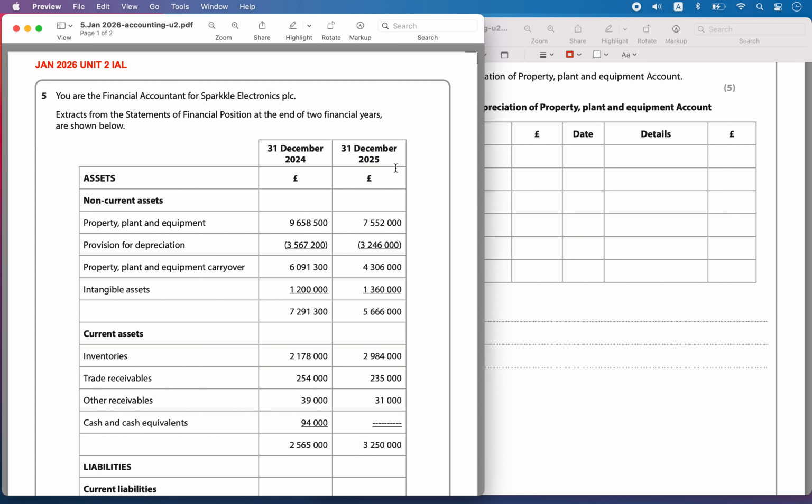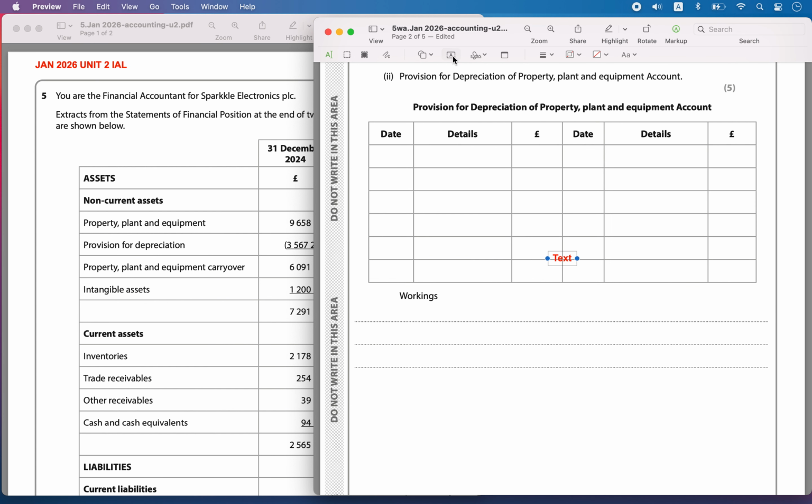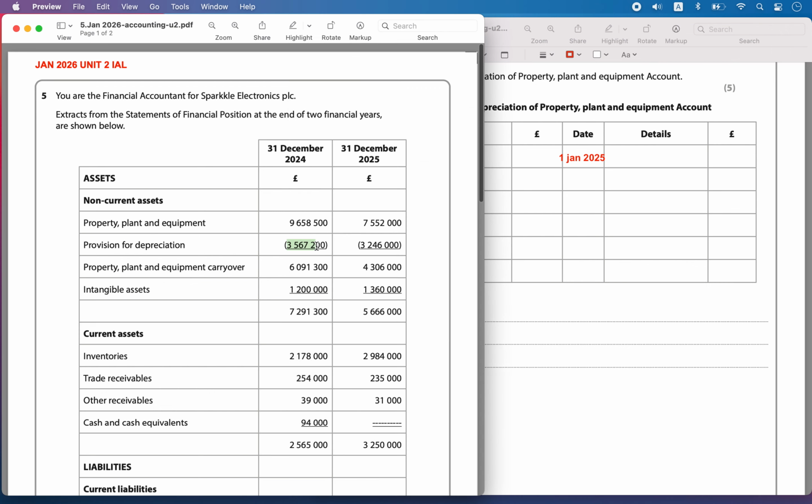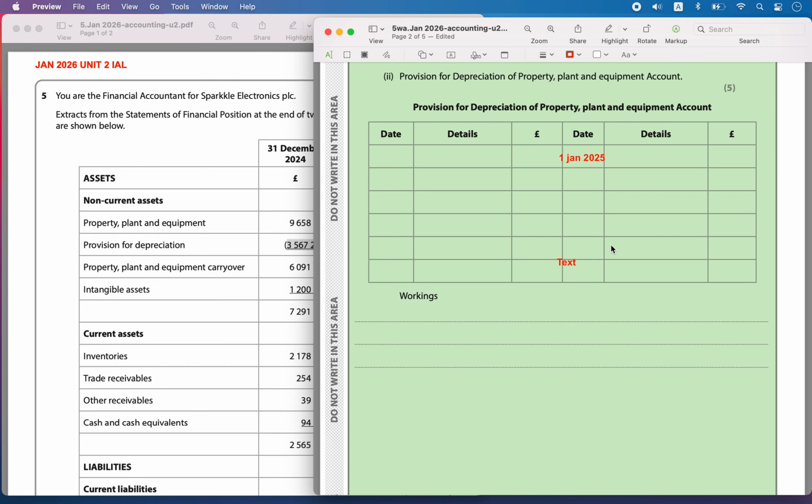So first, we can see the beginning balance as on 1st Jan 2025 was 356,200. So this is going to appear on the credit side, the beginning balance brought down.